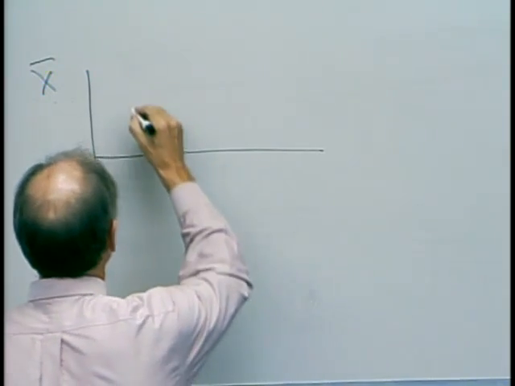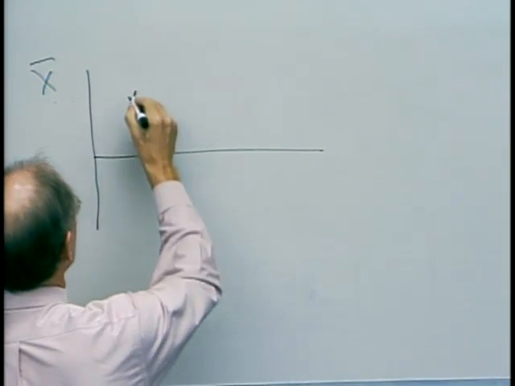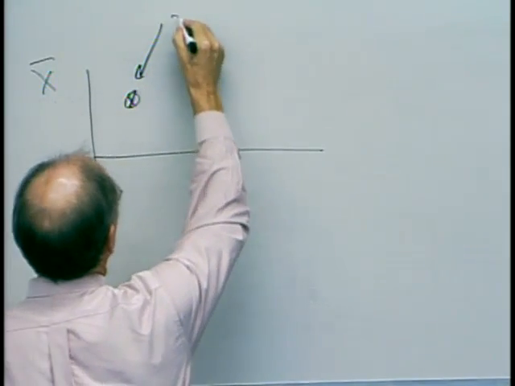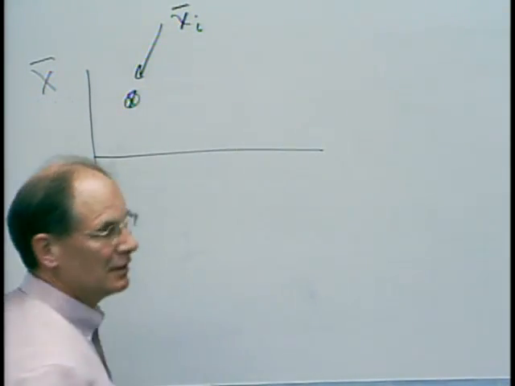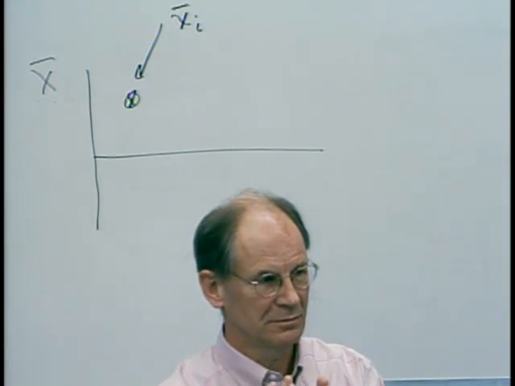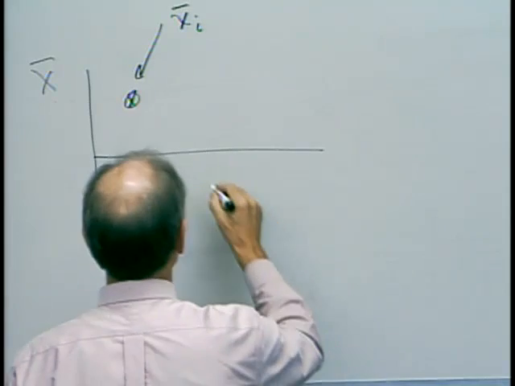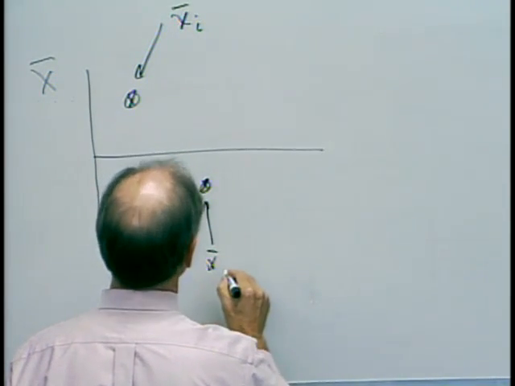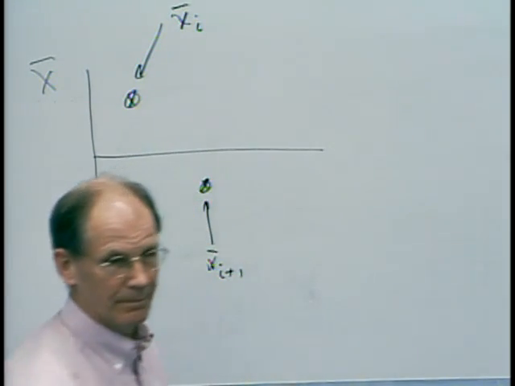Okay? So if I get a data point here, this is actually the average of a set of data that occurred around the interval i. And the next one here is the average at i plus 1. Okay?